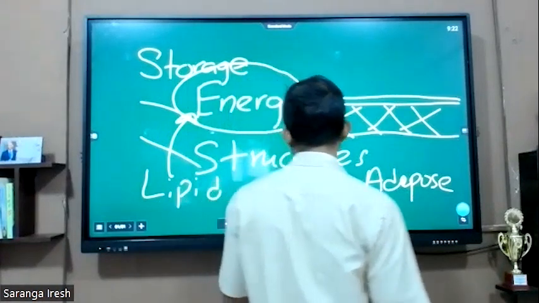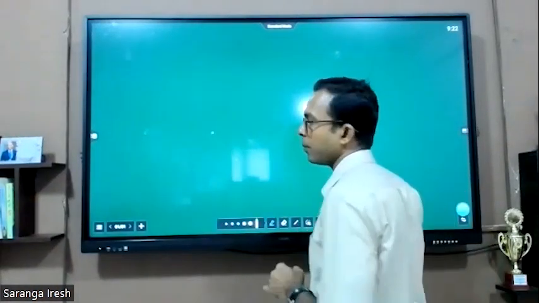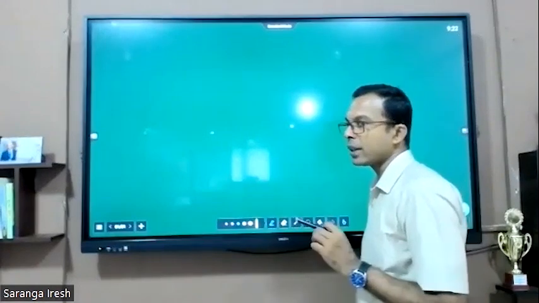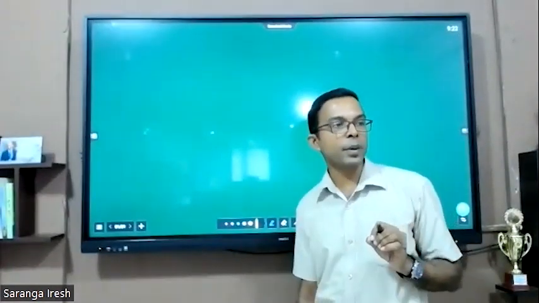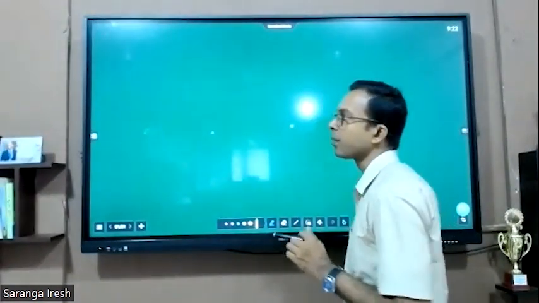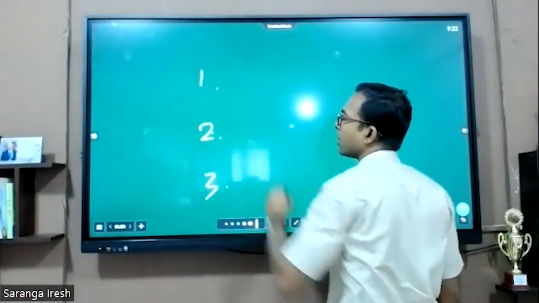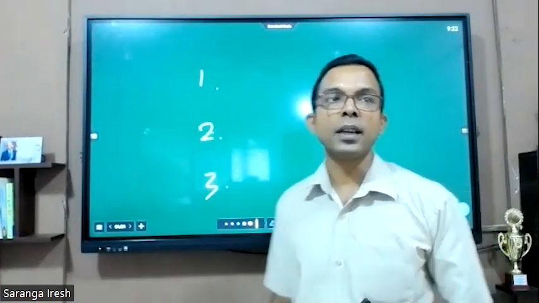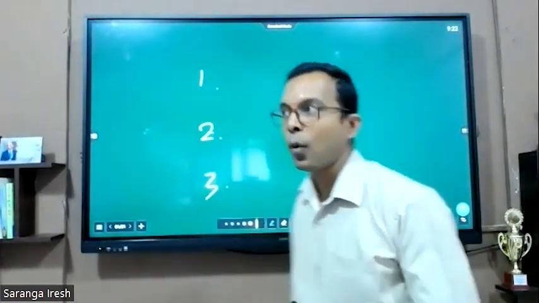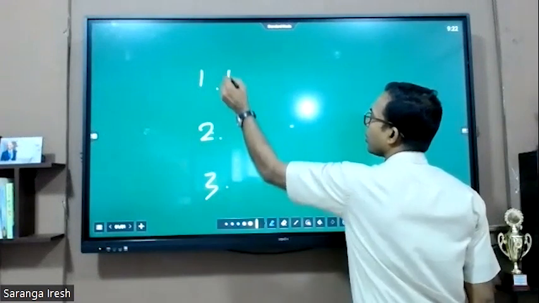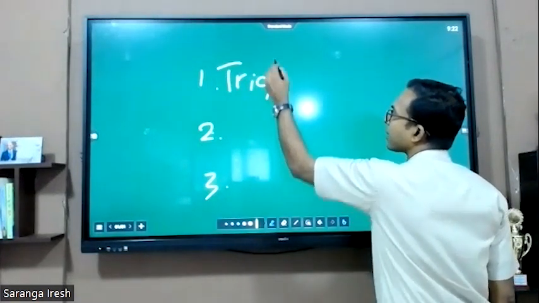And also, there's another point. When we consider the lipids available among living organisms, there are three major types of lipids. One type is called triglyceride.